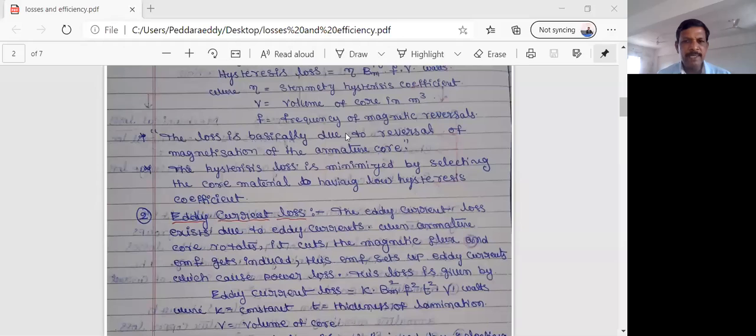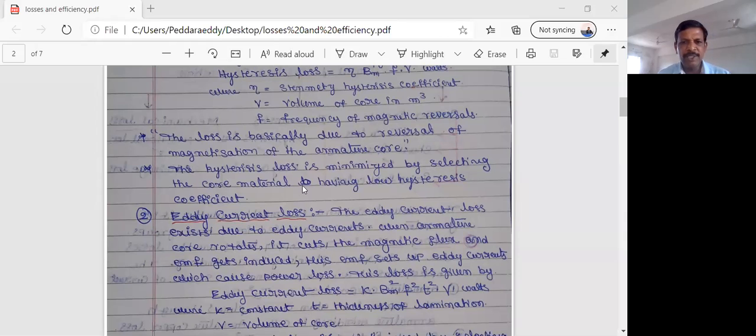The loss is basically due to the reversal of magnetization of the armature core. Because of the reversal of magnetization process, we get some loss, and that loss is called hysteresis loss.